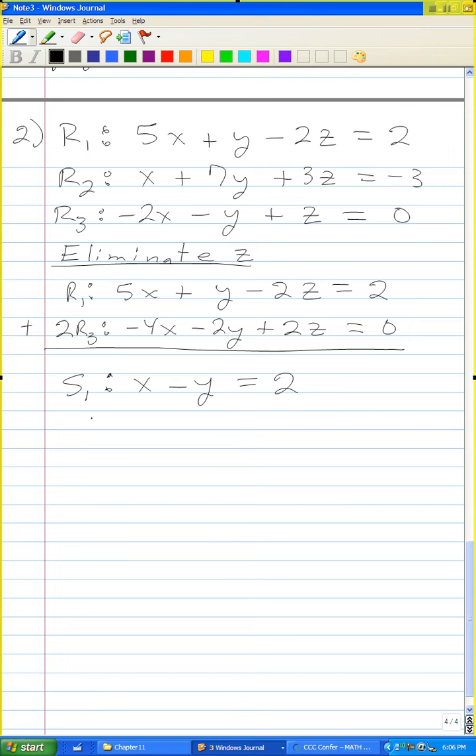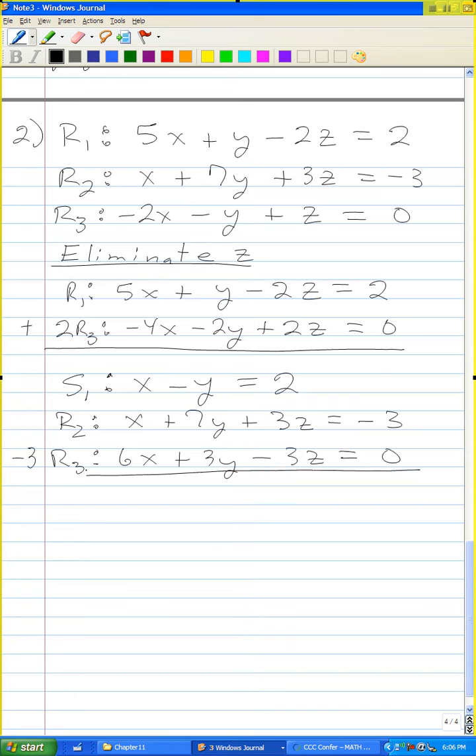So let's write the second equation, R2, x plus 7y plus 3z equals negative 3. Multiply the third equation by negative 3, 6x plus 3y minus 3z equals 0. Add the second equation minus 3 times the third equation.